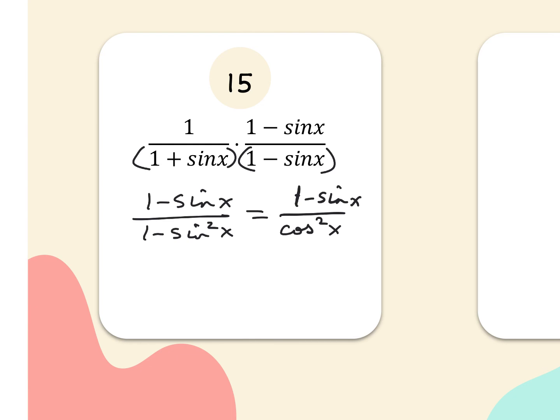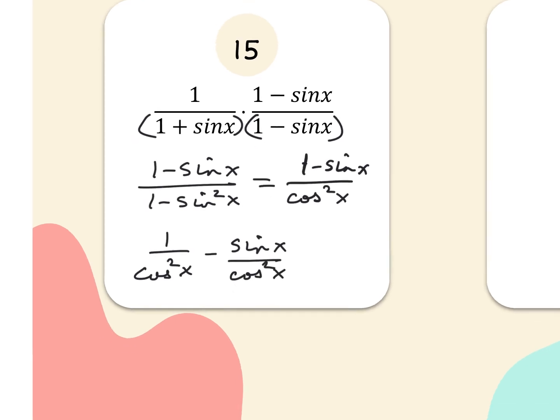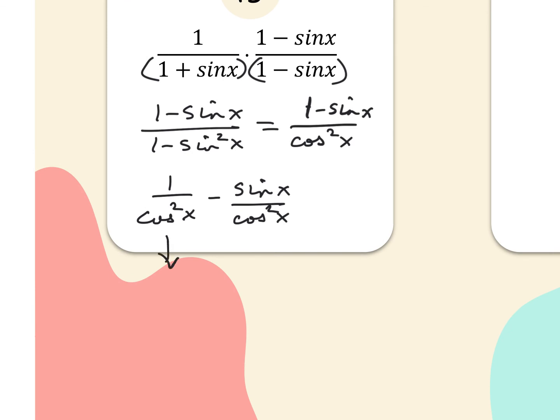Now, what I can do here, it starts to get a little tricky. So what I can do here is pull each of these apart. And I could do 1 over cosine squared x minus sine x over cosine squared x, which then I can turn this into secant.